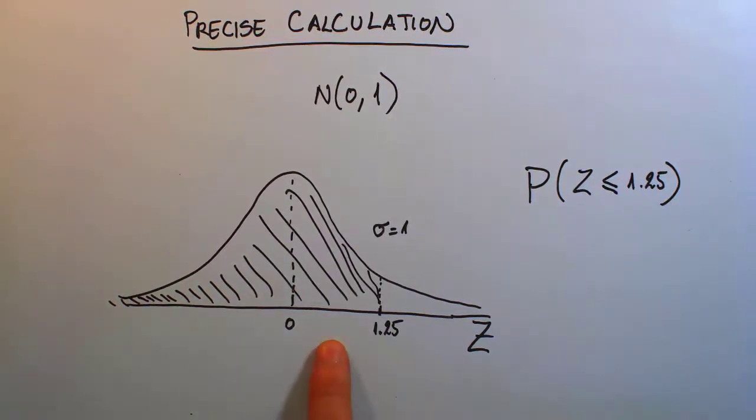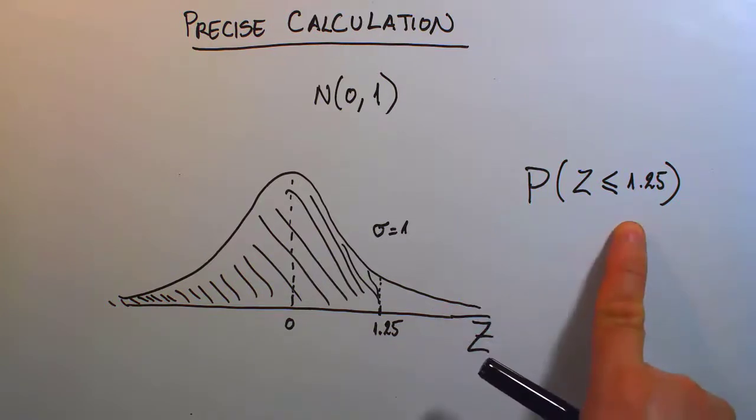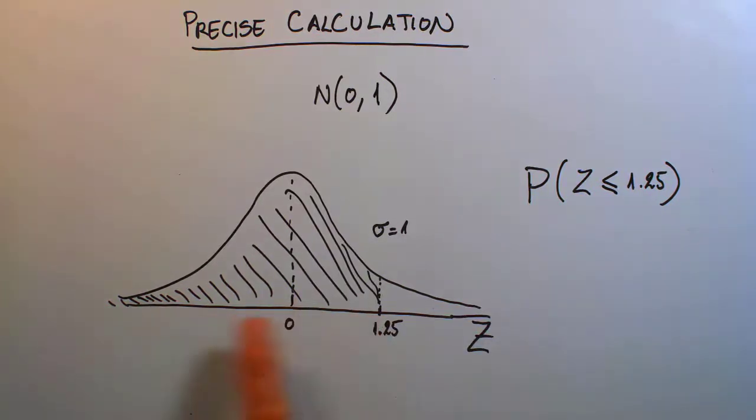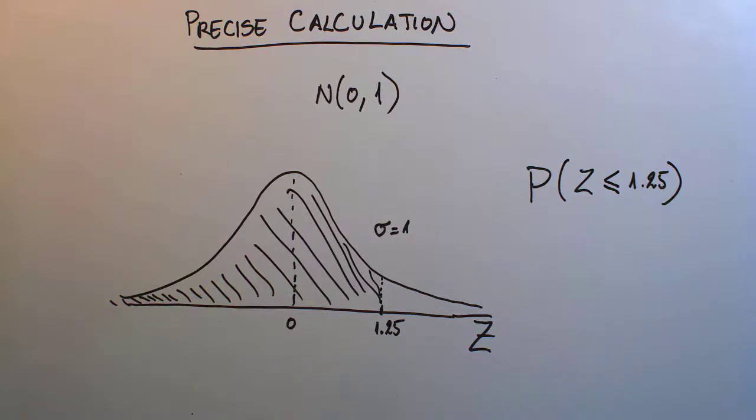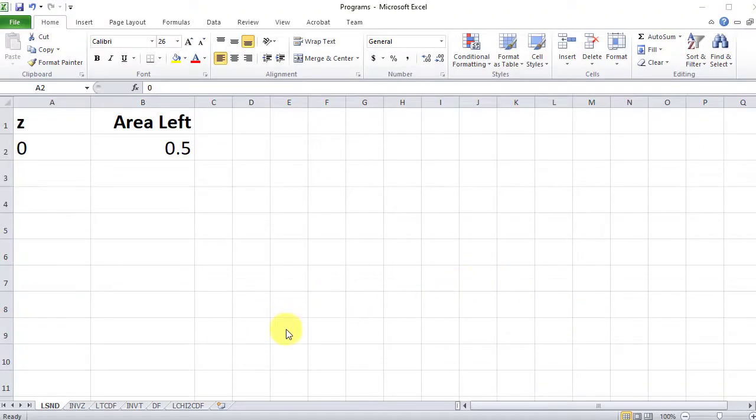As I was saying earlier, there are plenty of software programs as well as online tools that allow you to quickly and precisely calculate how much area is cumulatively to the left of this 1.25. For students learning statistics with me, over the years I developed a little portable program on Microsoft Excel. Let's have a look at my Microsoft Excel screen.